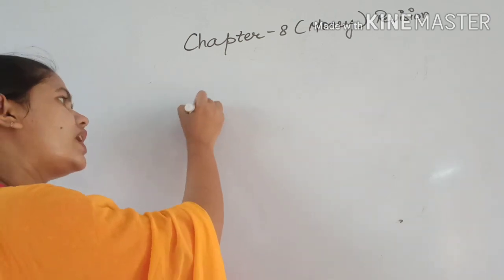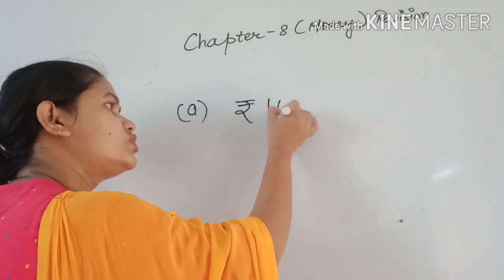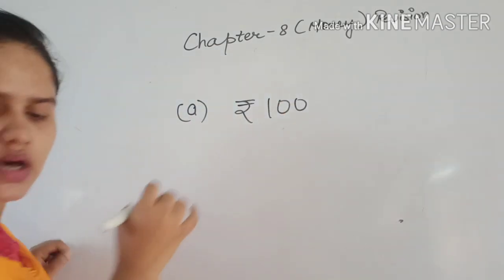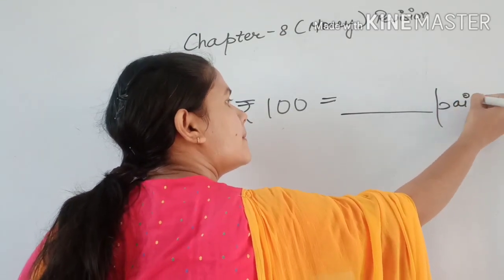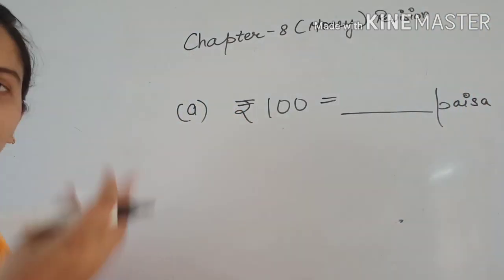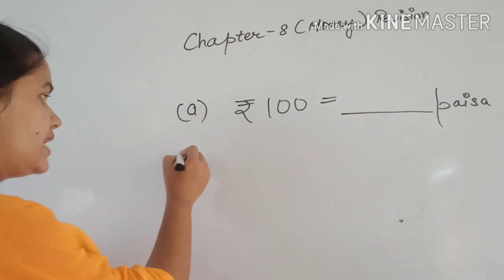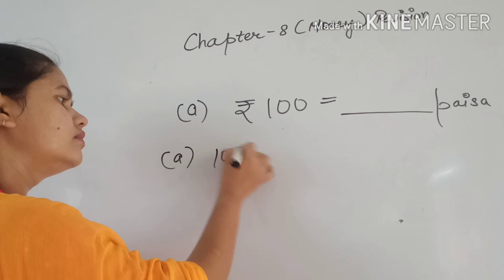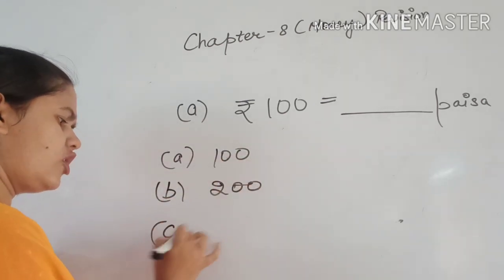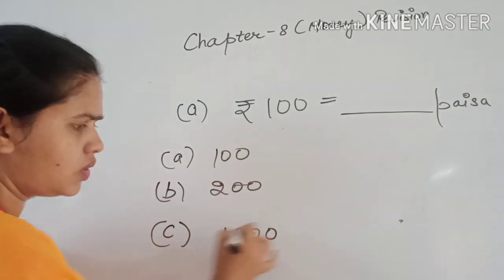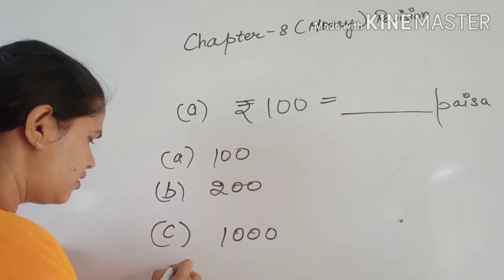So now, as you have rupee 100, here is rupee 100, and here is a blank and here is paisa. For example, I will give you some options. A option is 100, B option is 200, C option is 1000. One more example which I can take from your book is 1500.